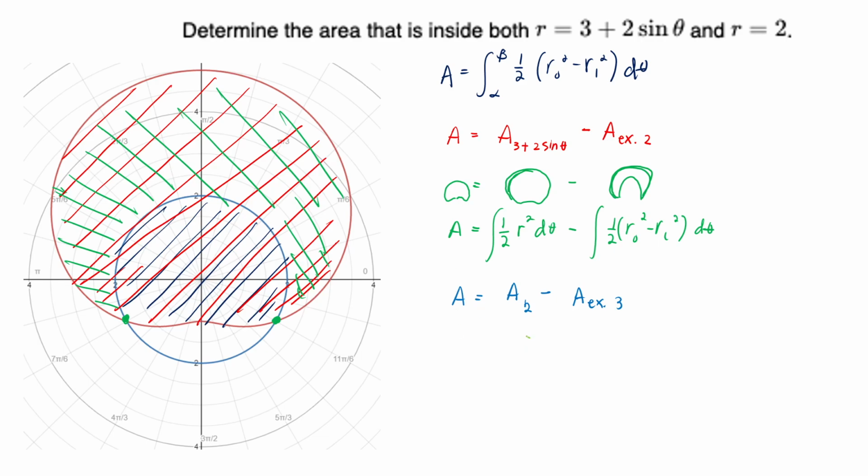Area 2 is the circle, then minus example number 3, the one inside the circle, and that's what we get, right? That's the area we get. It's a similar idea.